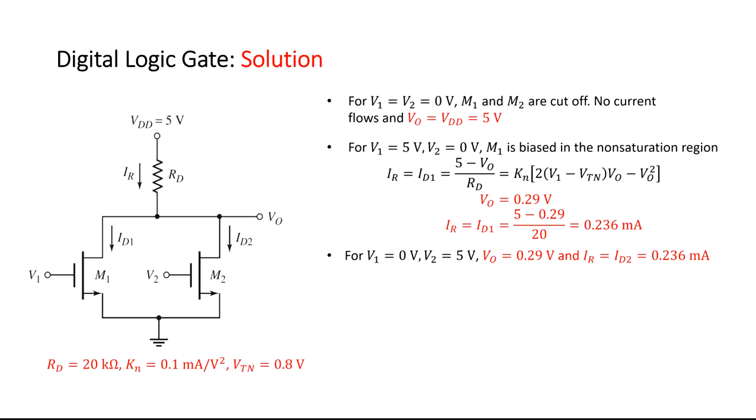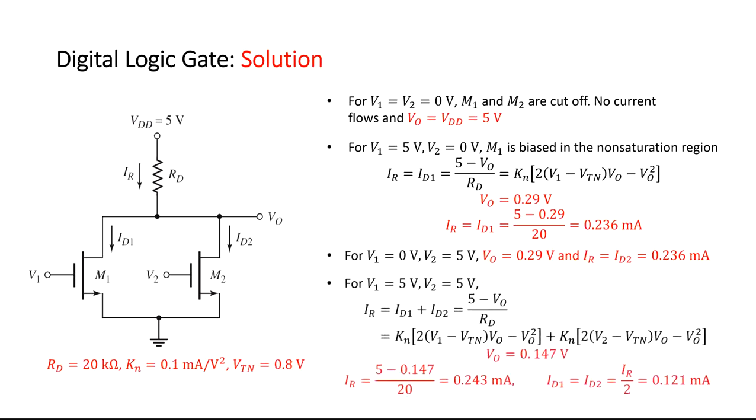When both of the inputs are high, a current flows in both of the branches. In this case, the resistor current is the sum of the drain currents. Here it is important to note that the transistors are biased in the non-saturation region due to the voltage drop on the resistor and the small drain voltage levels.